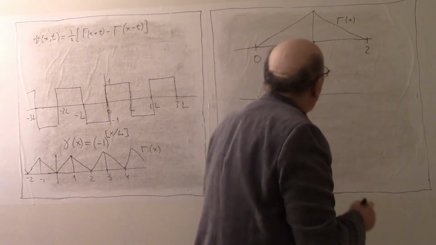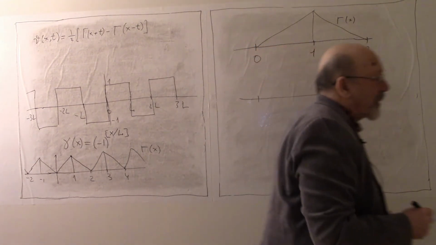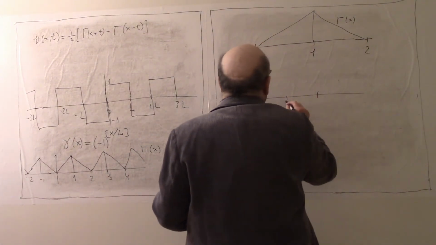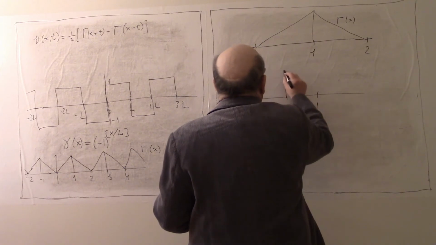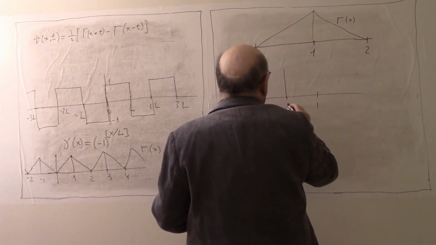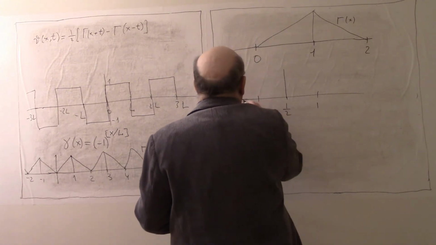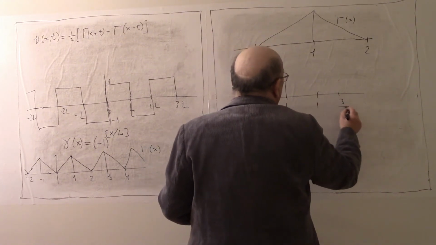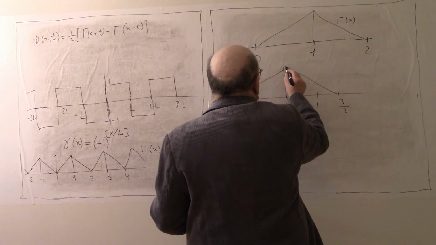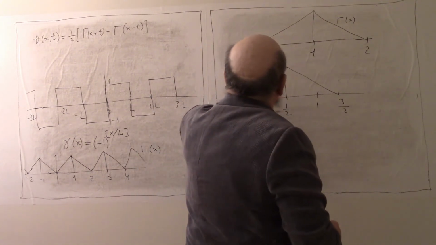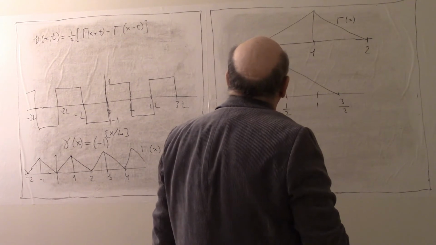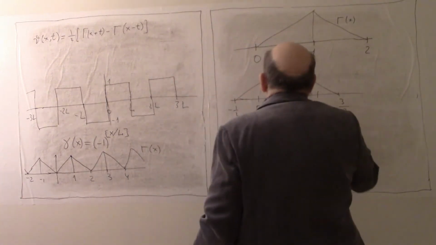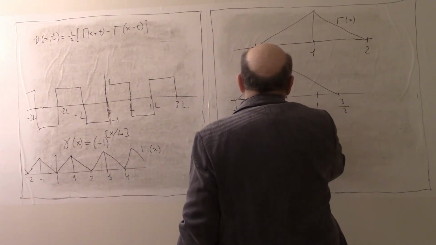So let's draw the graph of this function for t equals 1/2. Gamma of x plus t, it is 0, 1. The tent is here, 1/2. It is minus 1/2. Let me draw 3/2. Yes, it is the same function, but shifted to the left by 1/2. Now minus gamma of x minus 1/2. So it is minus 1/2.